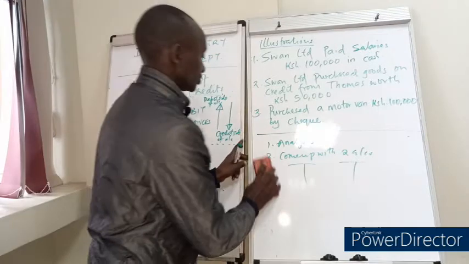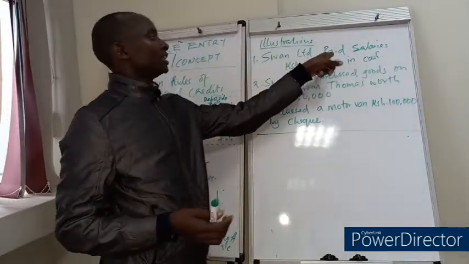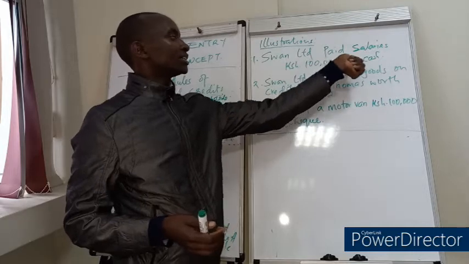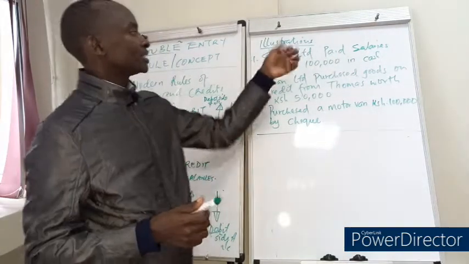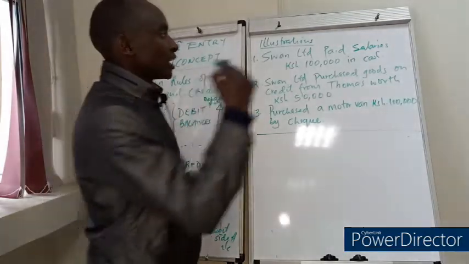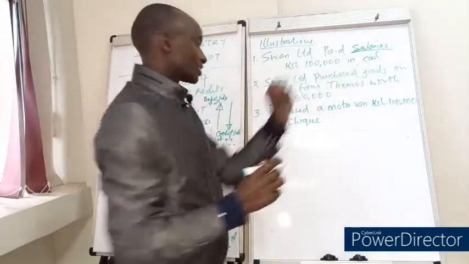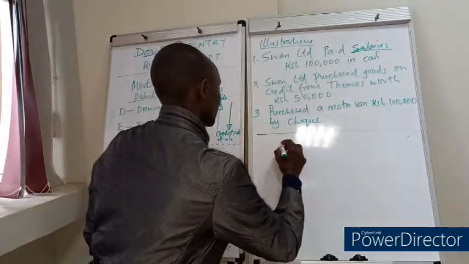So let's go to the first illustration. Swan Limited paid salaries Kenya shillings 100,000 in cash. So Swan Limited is paying salaries, isn't it? So let us analyze. We are paying salaries. So we must have salaries account, isn't it? So come here and say salaries account.